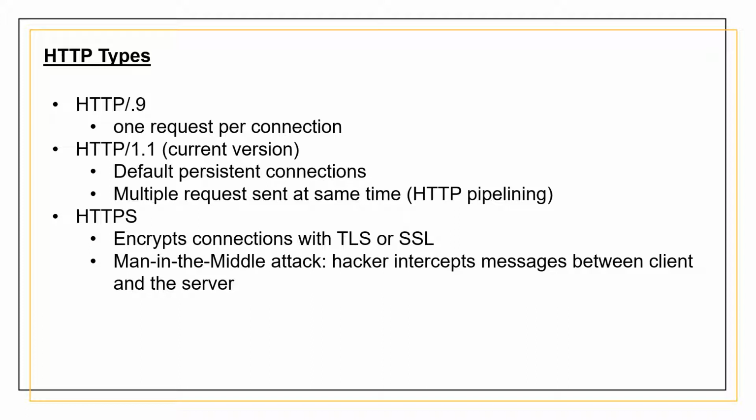If he gets that and you're using HTTP, he will be able to read everything in that message, including any sensitive information about either one of the machines in communication with each other.